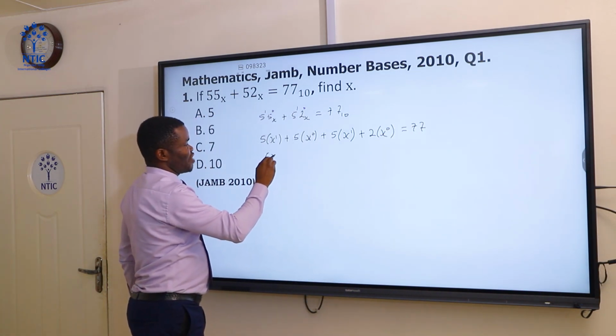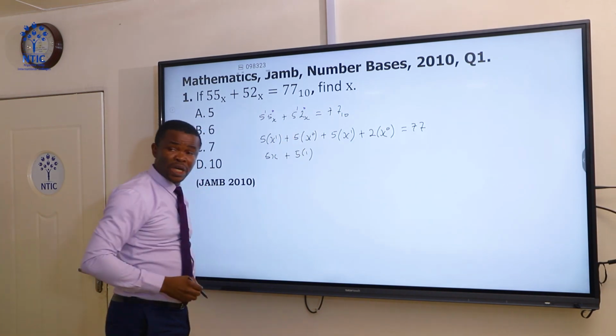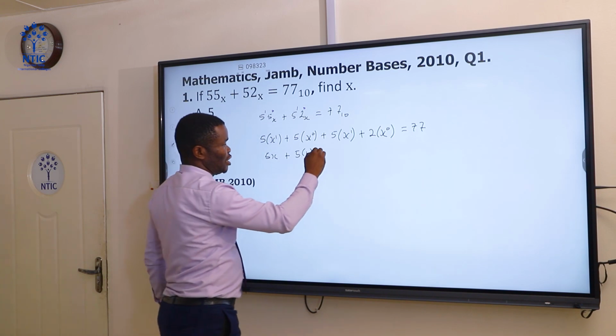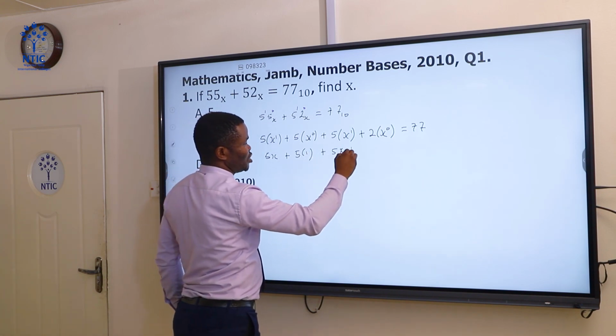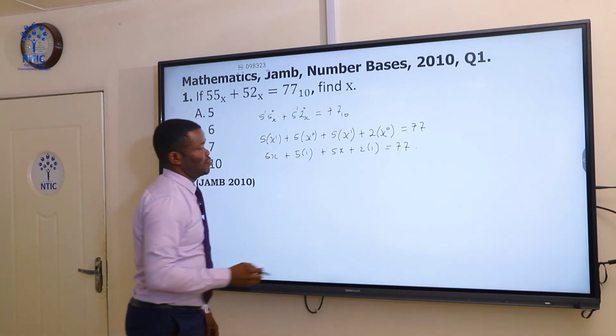So this is going to be 5x plus 5 times 1, because x raised to power 0 is 1, plus 5x plus 2 times 1 equal to 77.